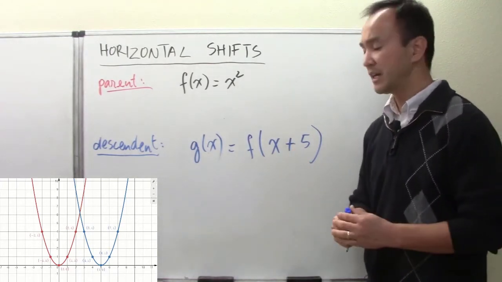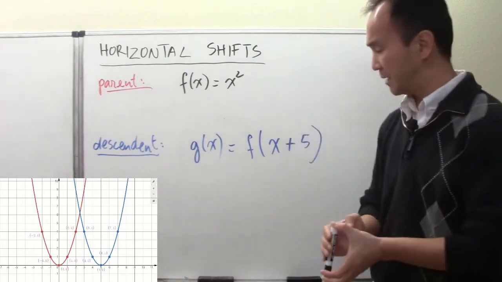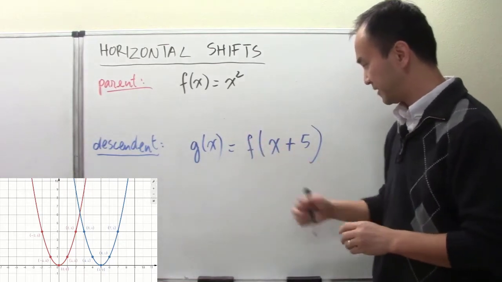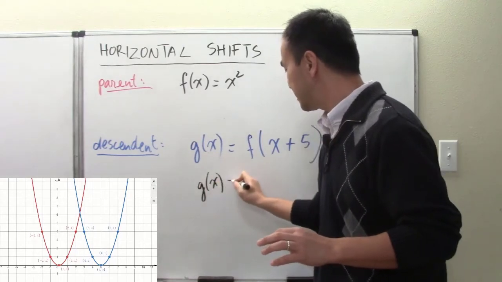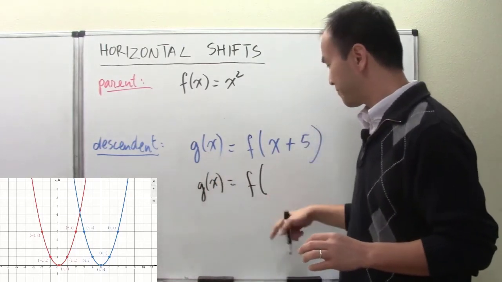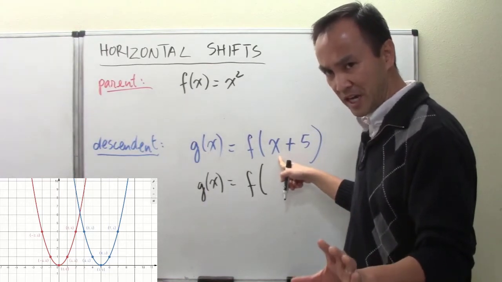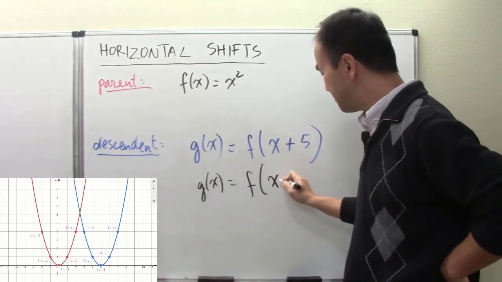But here's how I'm approaching a problem like this. When I see f of x plus 5, I ask you to see this g of x as f of x minus. At this point in this lesson, you are fluent enough with the operation that the plus sign means x minus.